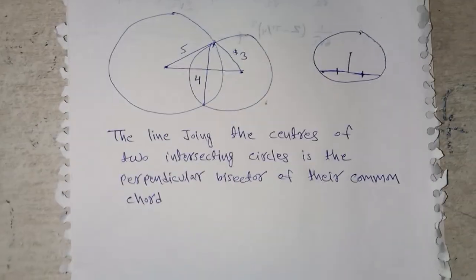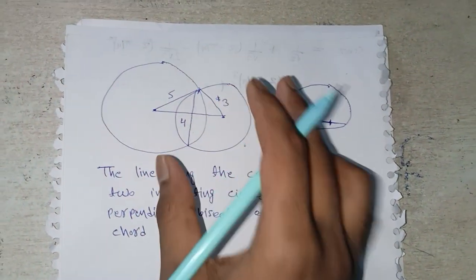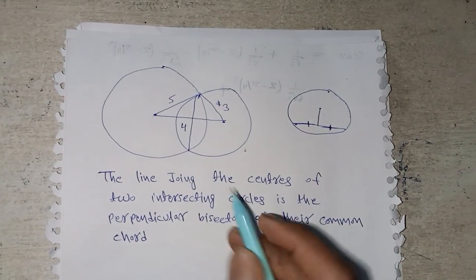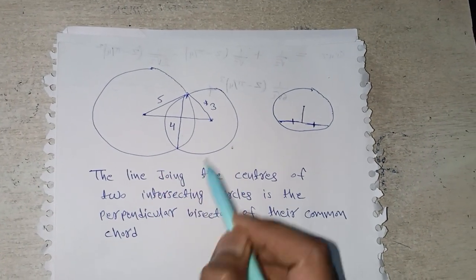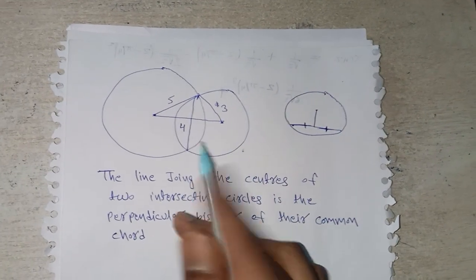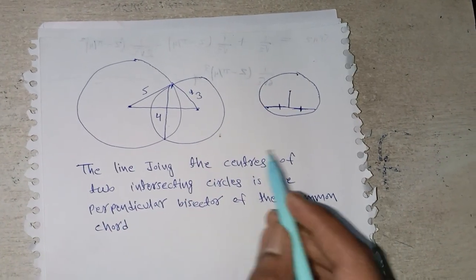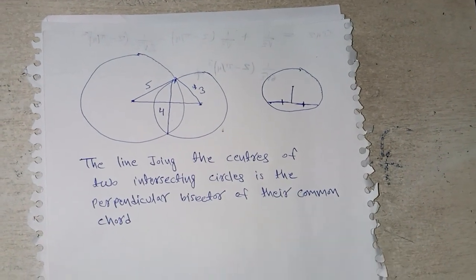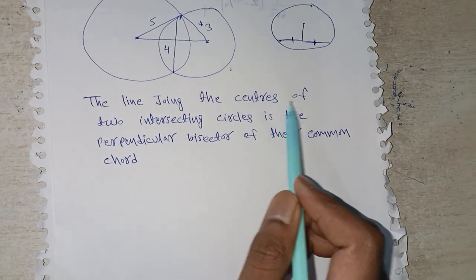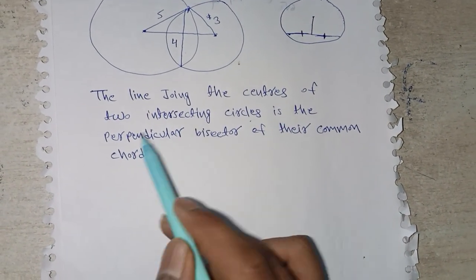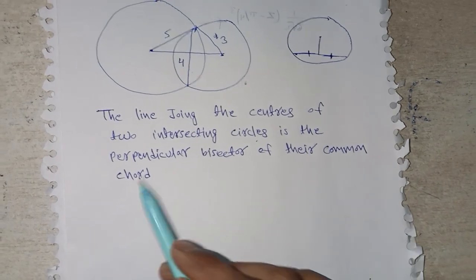Same as here, we can see that there are two circles, and the line joining the centers of two intersecting circles is the perpendicular bisector of their common chord.